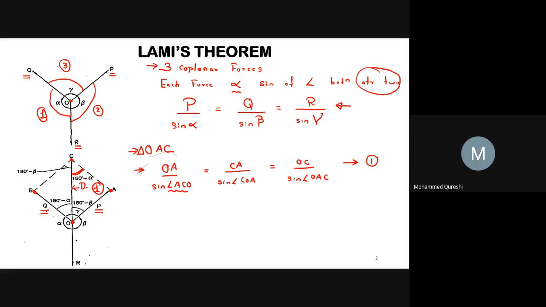Now, angle COA will be equal to 180 minus beta. Hence, your angle OAC, meaning this angle, will be calculated over here. So, what is your angle ACO? It is 180 degrees minus alpha.